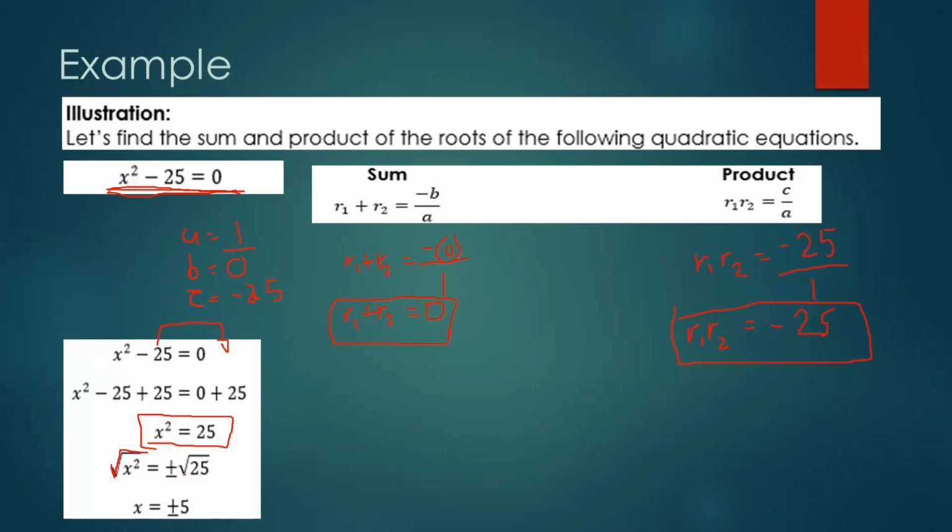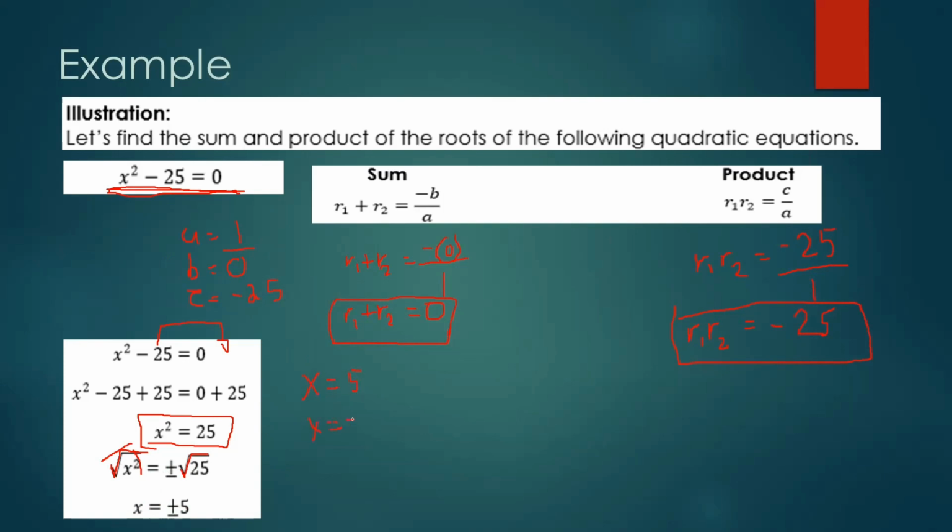So, when we take the square root of both sides, we can cancel out the radical sign and also the square or the exponent. Then, it becomes x, equal to positive or negative. So, the square root of 25 is 5. So, therefore, the value of x is equal to 5. And x is also equal to negative 5.